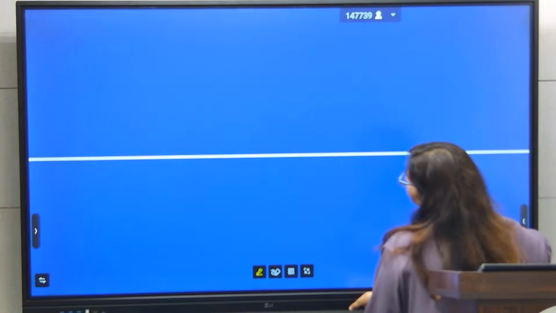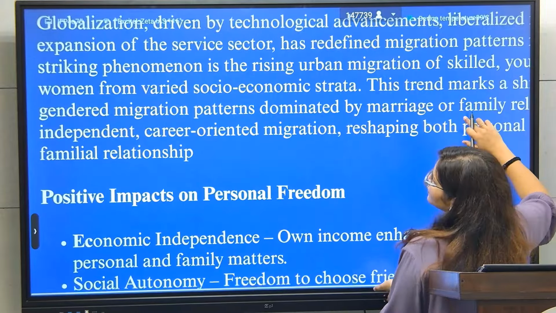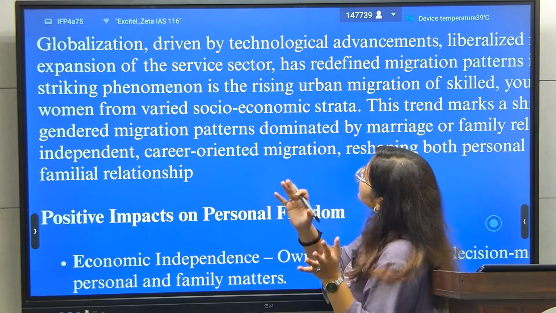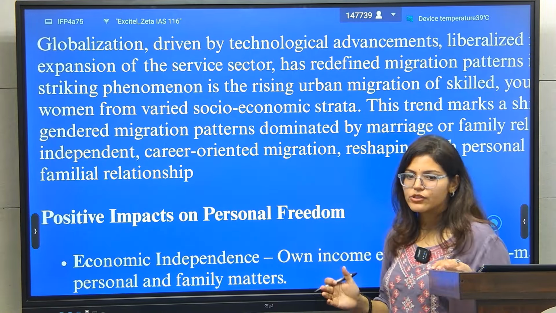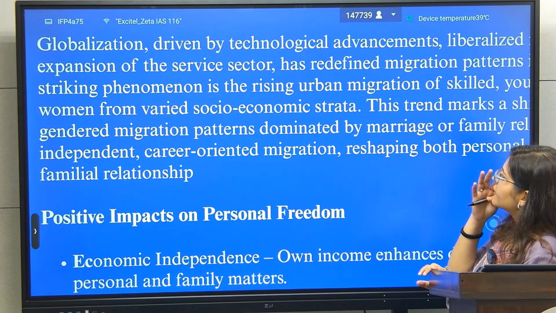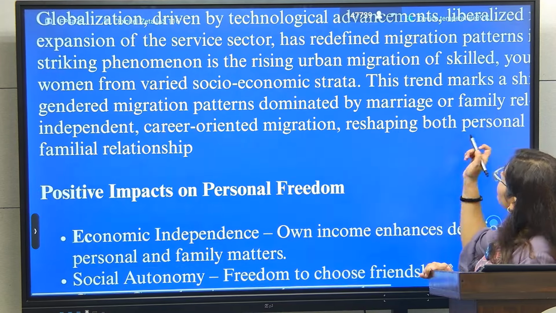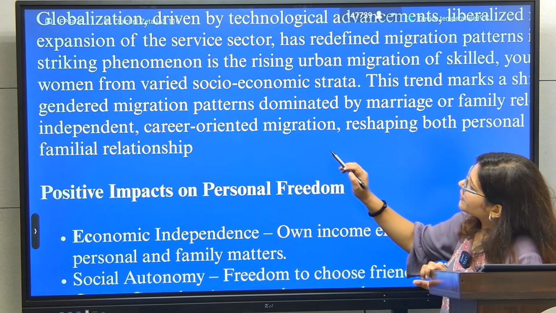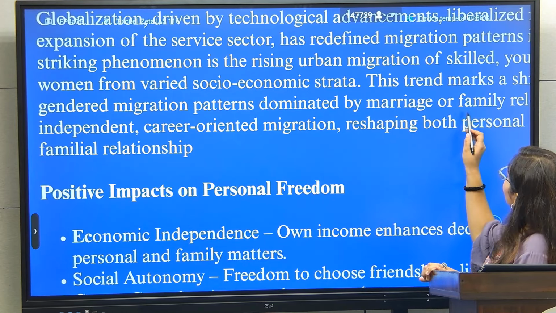Now see the model answer. You have to connect globalization with urbanization, and then with the urban migration of skilled, unmarried and young women. This trend marks a migration pattern that was dominated by marriage or family.